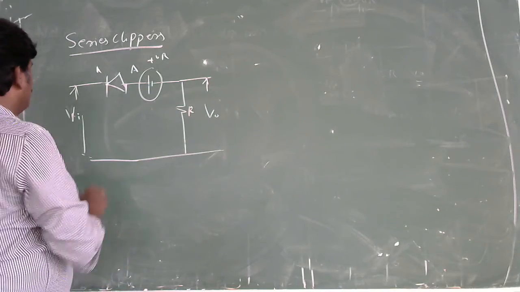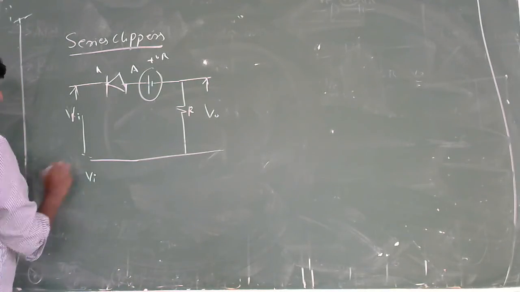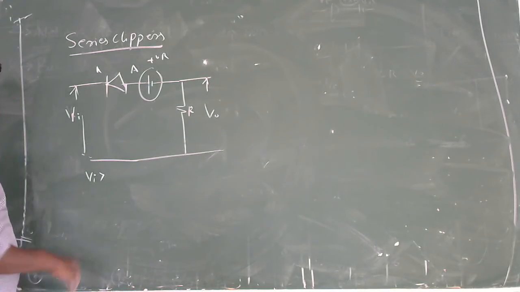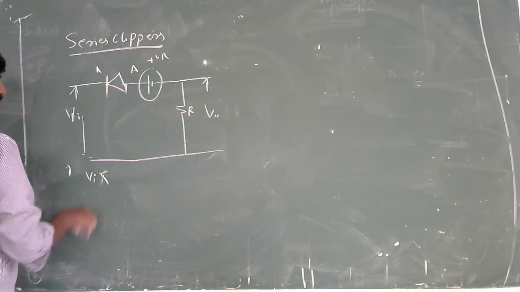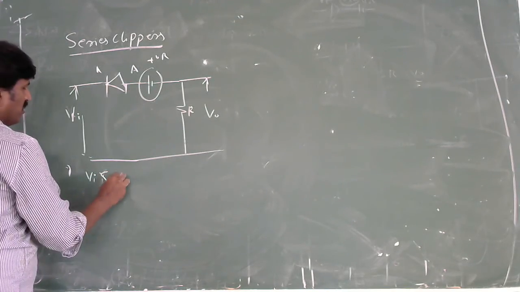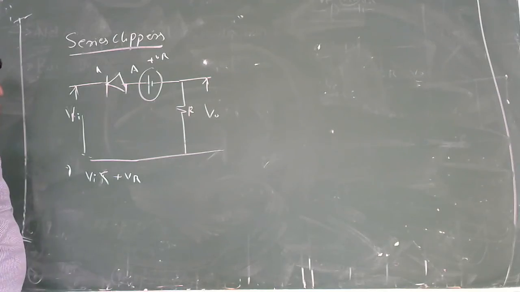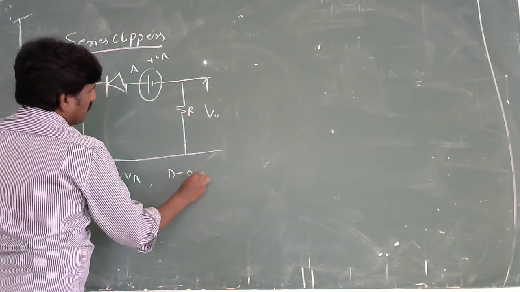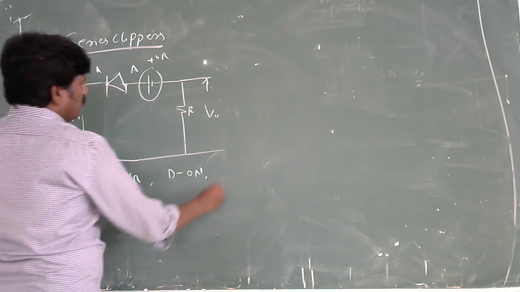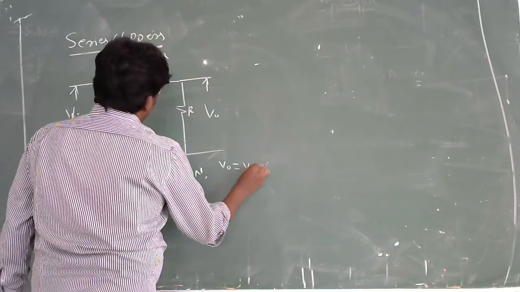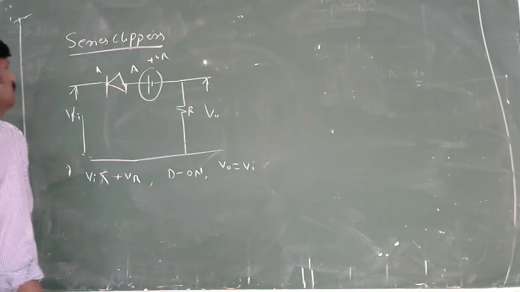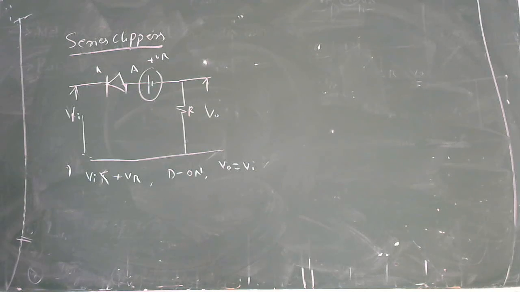That is the case. You have to observe, if Vi is less than plus V reference, then the diode will be on. What is the output? Output is equal to input.